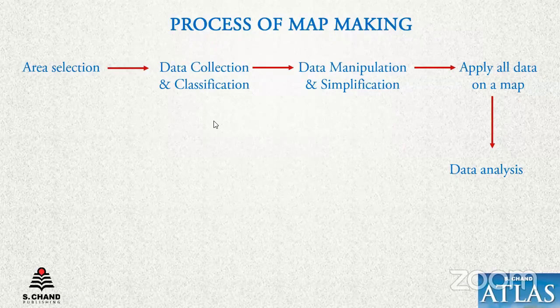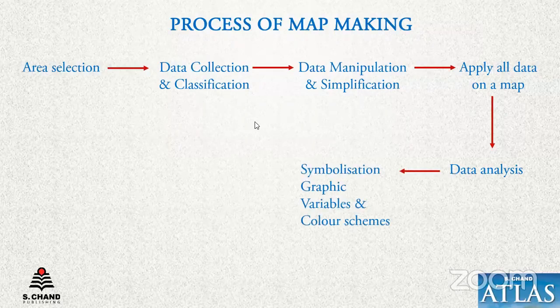So as per the interest and requirement, we do data analysis and then place all types of symbols, graphics, color schemes, and variables onto our map, to make the map more readable and user-friendly.